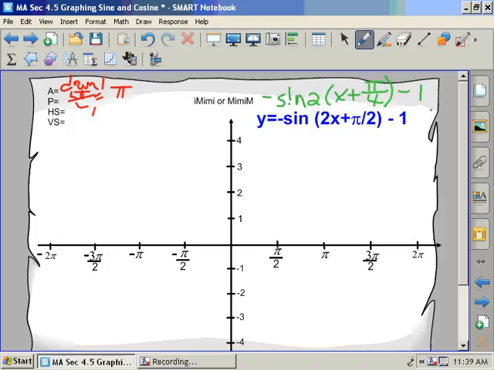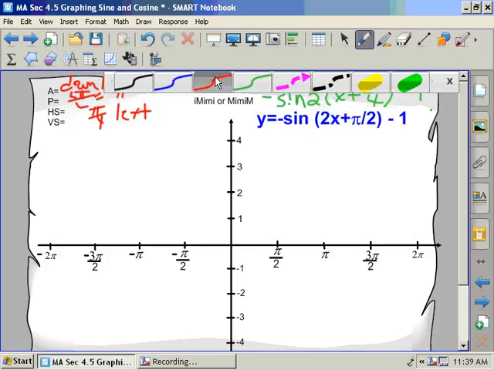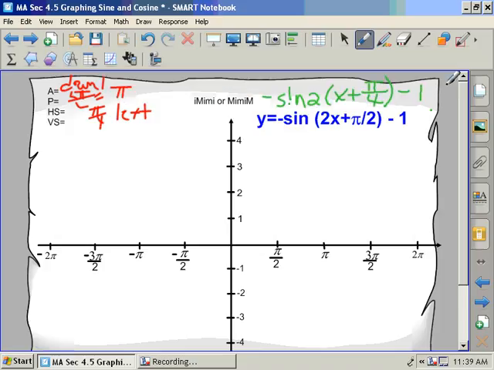So it's pi over 4. Which way? Left. And then the vertical shift is the number in the back. And the number in the back is a -1, so that means it goes where? Down 1.